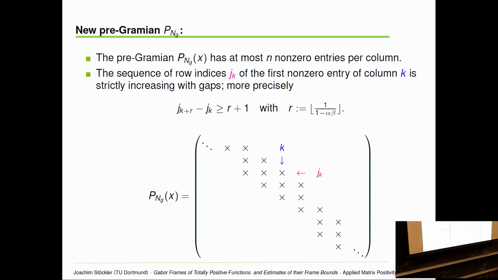In each column, you have only n non-zeros, because with larger j's, you step out of the support, with smaller j's, you're out of the support. Now you go one step to the right to the next column. Again, there will be only 3, and you will have jumped by at least 1. But then there are these nice situations where, when you step over to the right, you not only gain 1 more zero, but 2 more zeros.